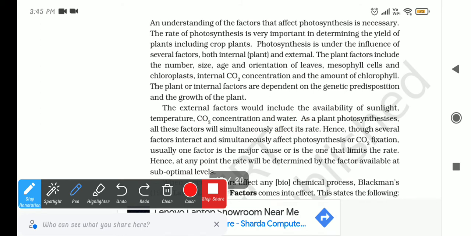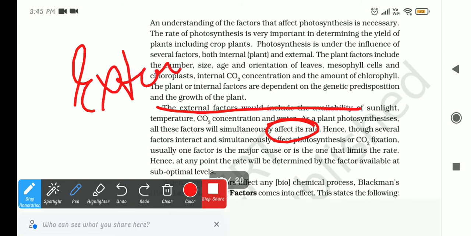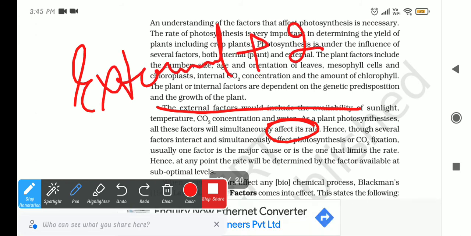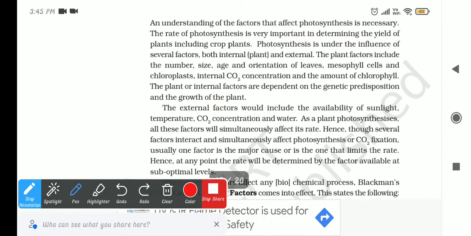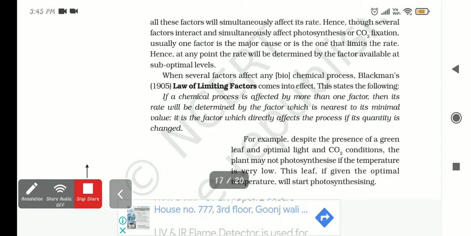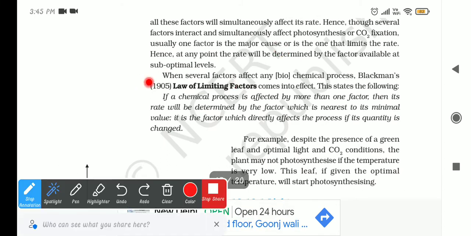So all these factors will simultaneously affect the rate of photosynthesis, both external and internal. Several factors interact and simultaneously affect photosynthesis. So what are these factors? Let's talk about them. This is something very important.